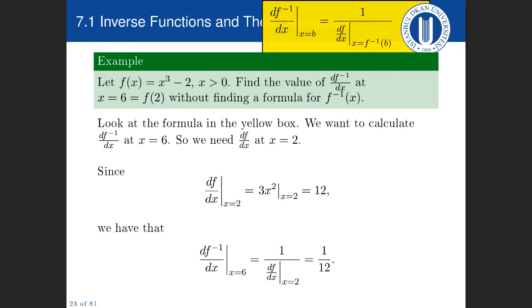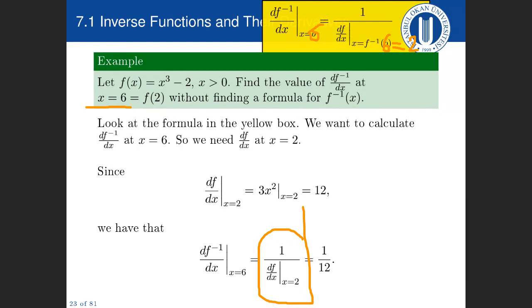Let me repeat the ideas here. We're asked to calculate df inverse dx at x equal to 6. So looking at the formula in the yellow box, we want b equal to 6. Over on the right side, again, b is equal to 6. We want f inverse of 6, which is equal to 2. So we want to calculate 1 divided by df dx at x equal to 2.